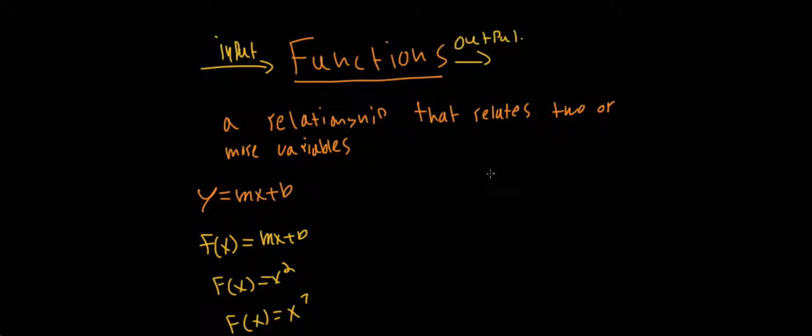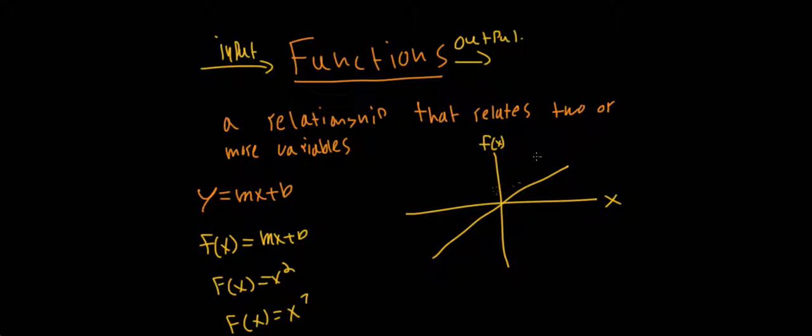So for example, if we have a line, this right here is a function. For every individual input that we put, which is the x value, we get a unique output, which is our y value, or we can call that our f of x value. So this right here is a function.